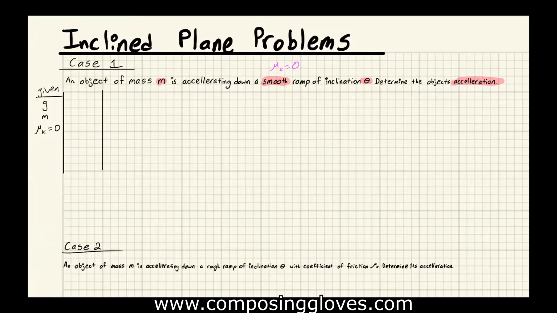And it's mu sub k and not mu sub s because it's kinetic friction. So since we're moving, it's mu sub k. And then we also know we have inclination theta, so we're given theta. Then we want to determine, to be determined, TBD, what our acceleration is. And now we pretty much believe we've mapped it all out.